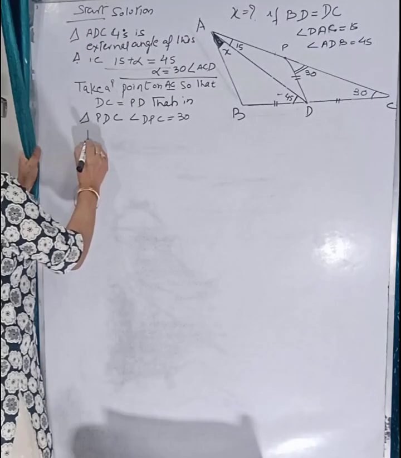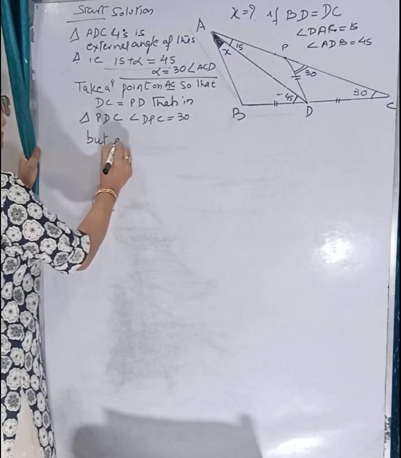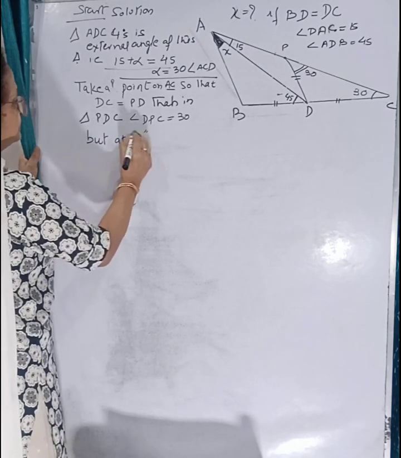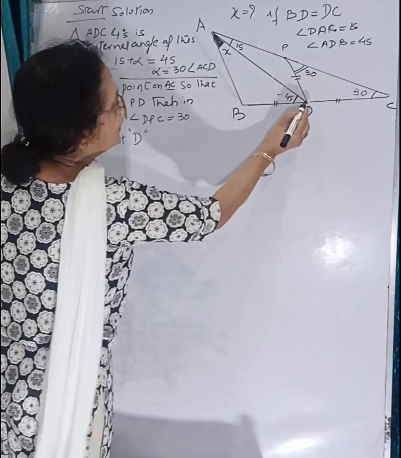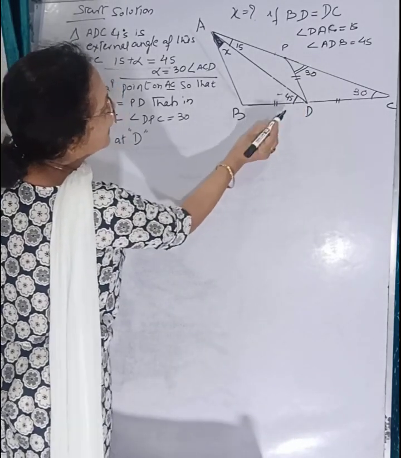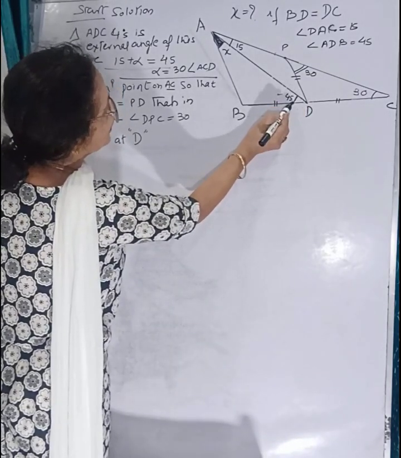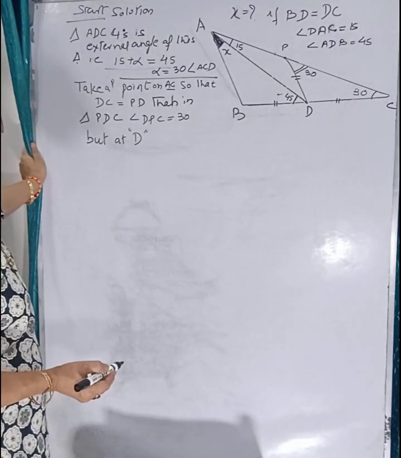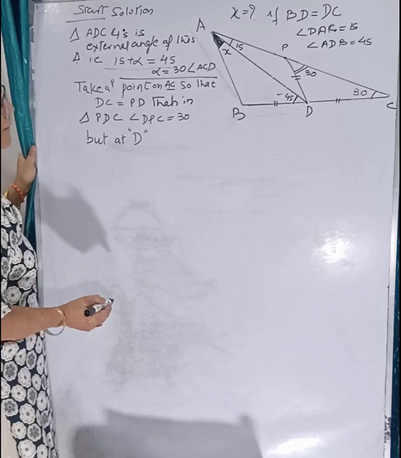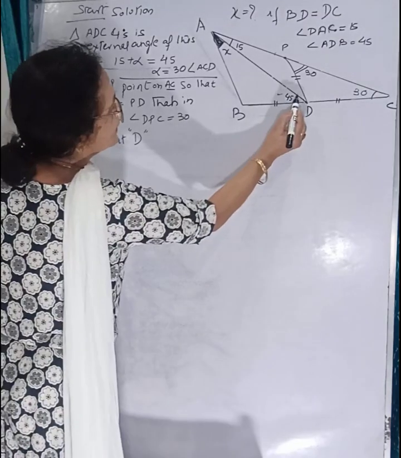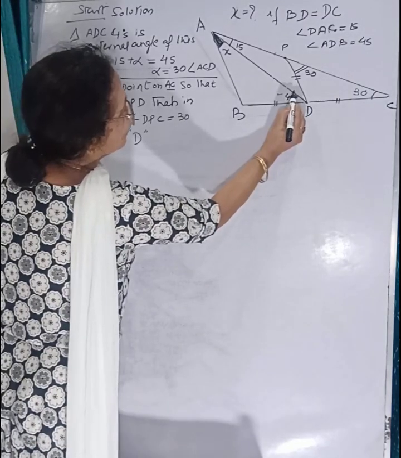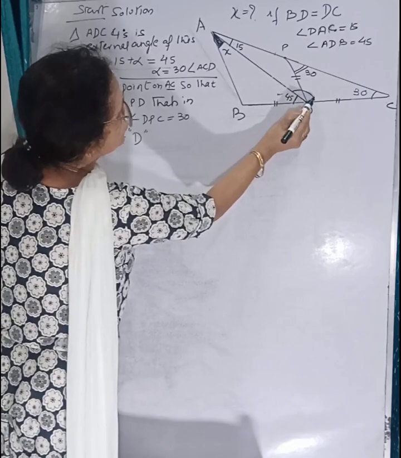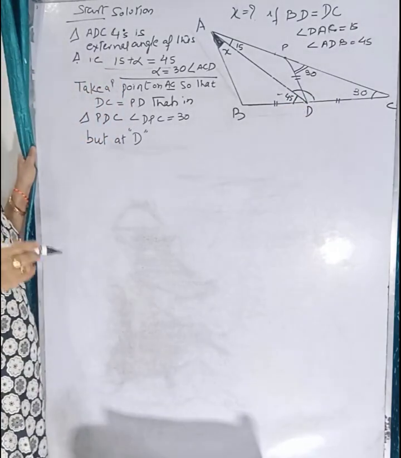But at point D, this whole angle, and this is 45. Okay. This whole angle is what? 180 minus 45.